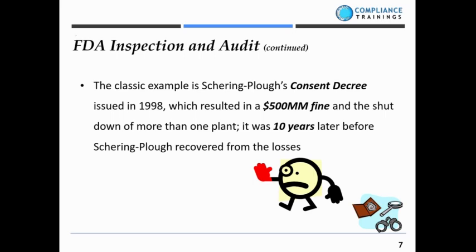You fix something in a certain period of time, you prove you fixed it, and everything's fine. Then you get a warning letter where they tell your CEO that they are going to go to jail if certain things are not fixed. Consent decree is the final hammer. With Schering-Plough, they had to pay $500 million in fines, and they had to shut down more than one of their operating plants. It took about 10 years for them to recover from losses.